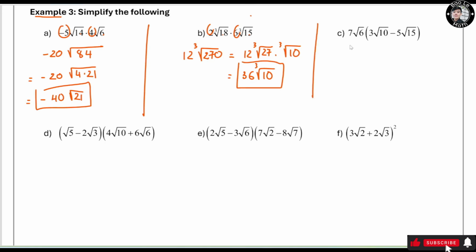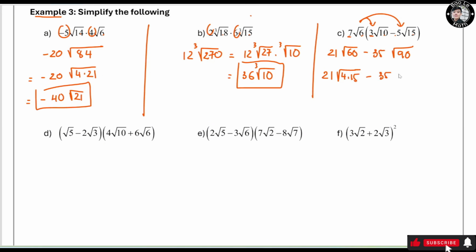Now question C. We just distribute this guy, right? So we have 7 times 3 is going to be 21. Root 6 times root 10 is going to be root 60, right? 7 times negative 5 is going to be negative 35. Root 6 times root 15 can be root 90, right? Now, root 60 can be written as root 4 times 15, right?